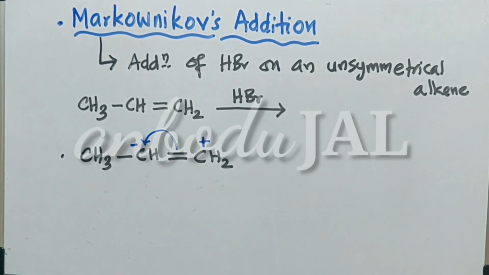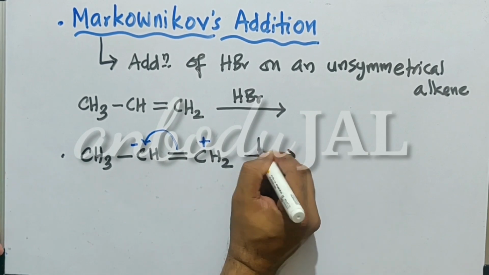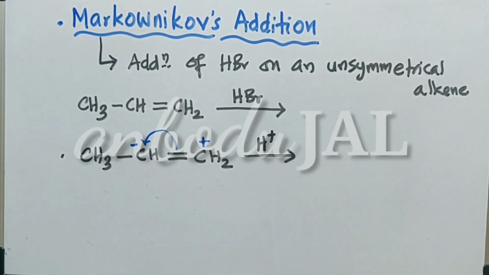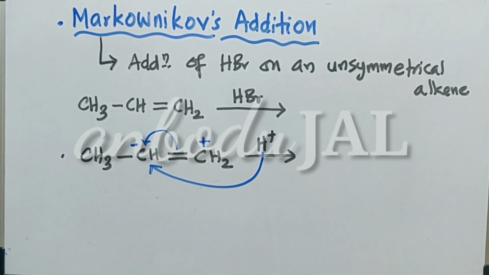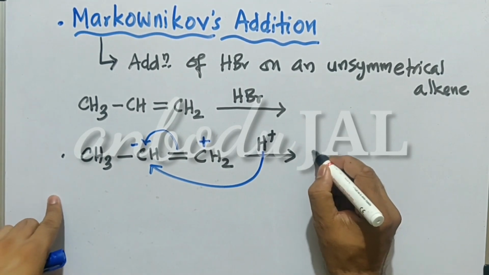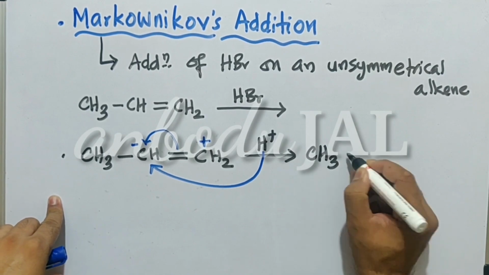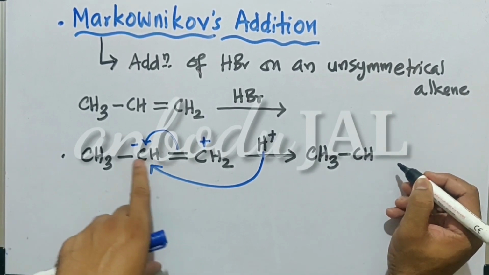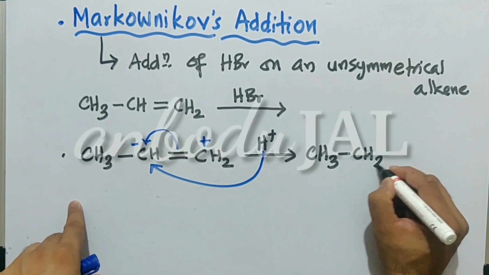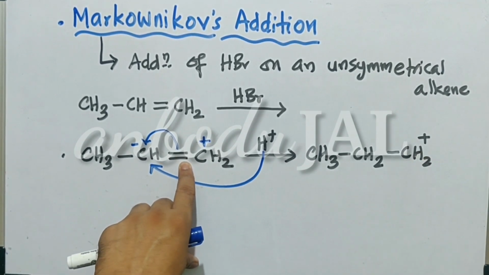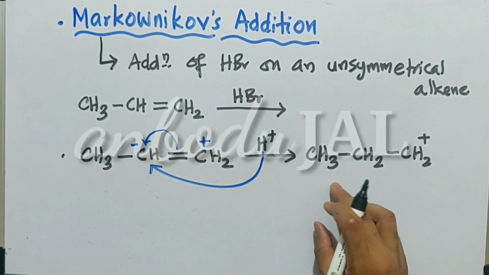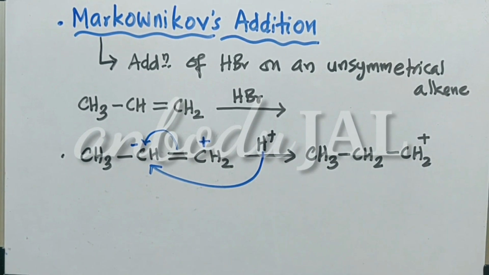So electrophilic addition means positively charged H plus will be attached to this negatively charged carbon. The intermediate formed is CH3 single bond CH2 single bond CH2 plus. One carbocation is formed, that is the n-propyl carbocation.